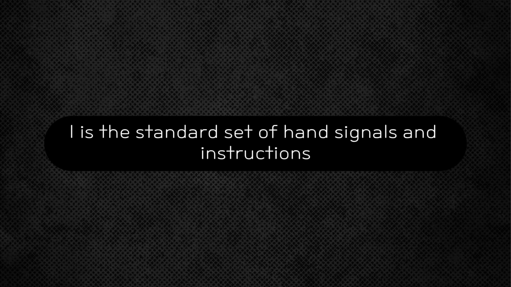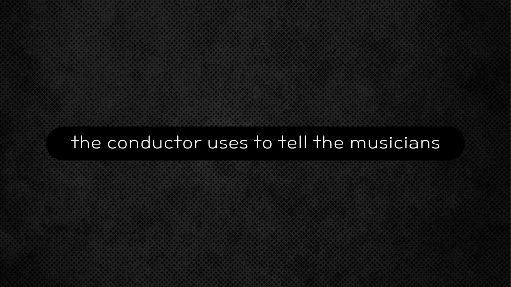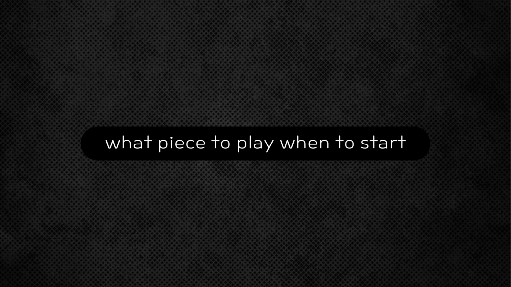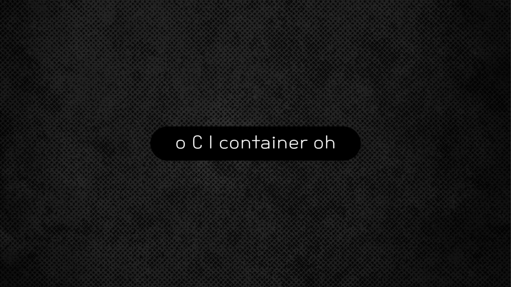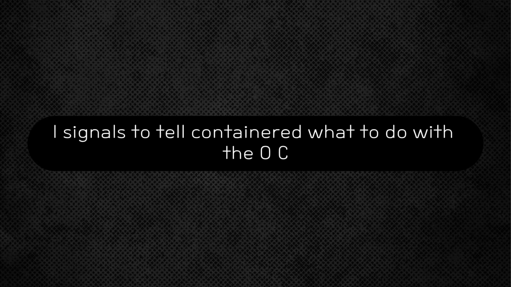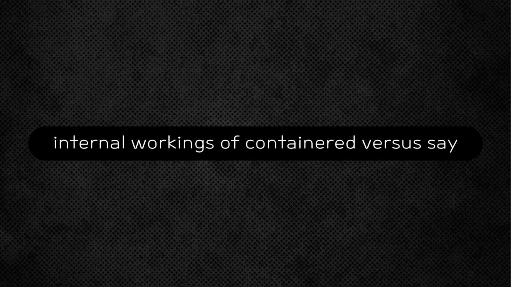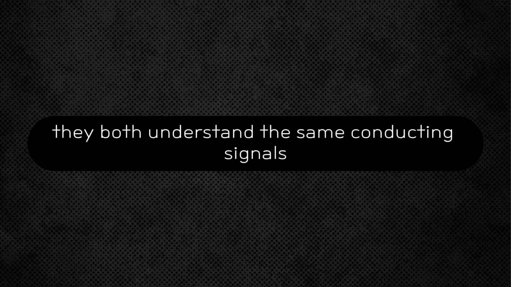CRI is the standard set of hand signals and instructions the conductor uses to tell the musicians, the container runtimes like containerd, what piece to play, when to start, when to stop, how loud, etc., using their standard instruments, OCI containers. So Kubernetes uses CRI signals to tell containerd what to do with the OCI standard containers. Precisely. Because Kubernetes uses the standard CRI signals, it doesn't need to know the specific internal workings of containerd versus, say, CRI-O. It just knows they both understand the same conducting signals.